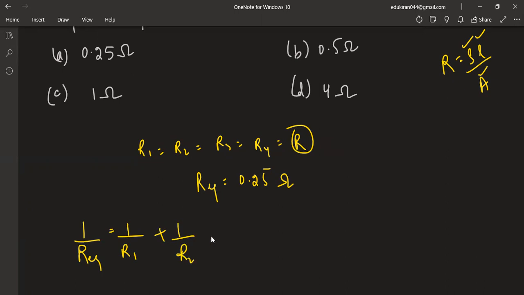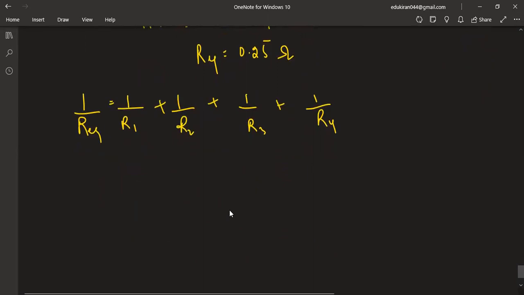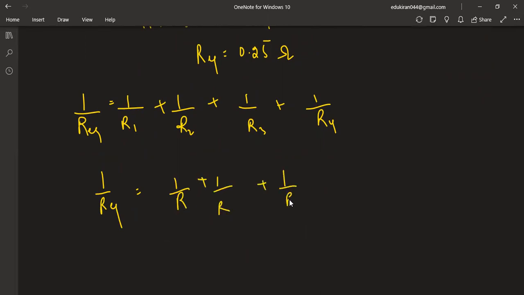1 by R equivalent is equal to 1 by R1 plus 1 by R2 plus 1 by R3 plus 1 by R4, like this. Right. Now what is saying in the question? All these are equal. So instead of writing R1, R2, R3, and R4, I can write directly 1 by R plus 1 by R plus 1 by R plus 1 by R. And R equivalent is already mentioned, 1 by 0.25.